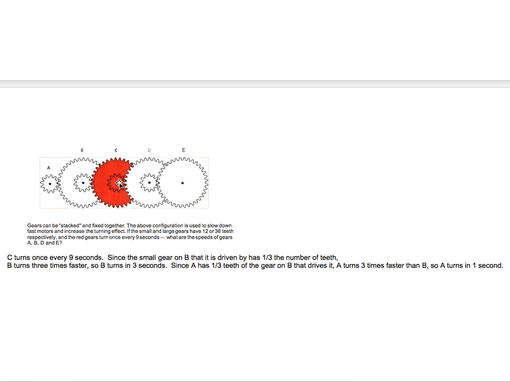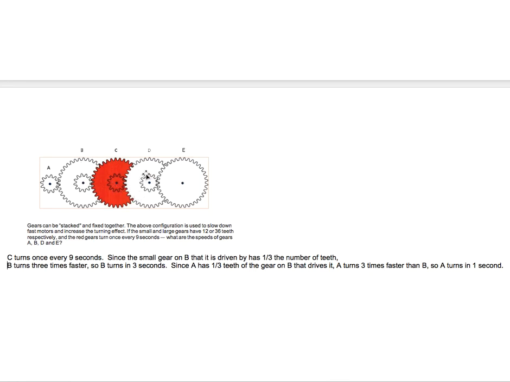So let's now, having gone that way and worked out the speed of B and the speed of A, let's go this way and work out D and E. So C turns once every 9 seconds, so obviously this one in here also turns once every 9 seconds. Which means that D rotates 3 times slower than this.